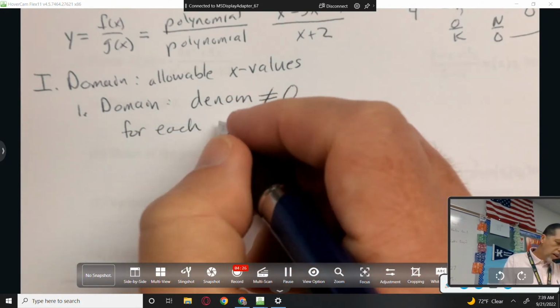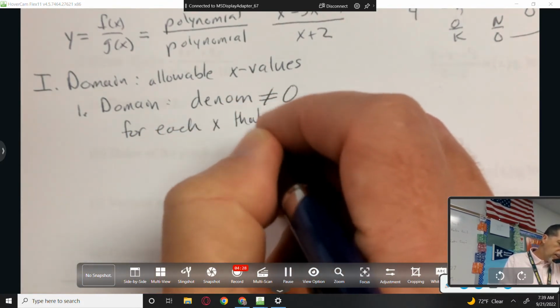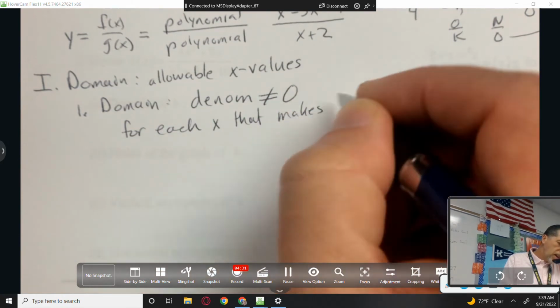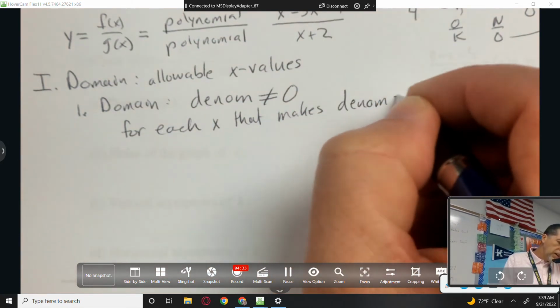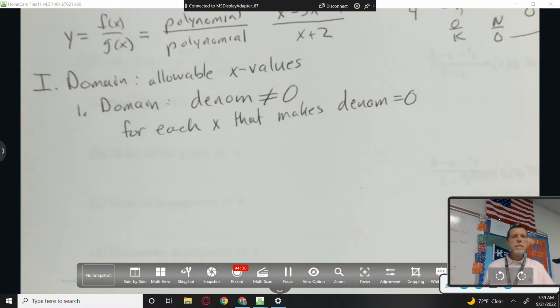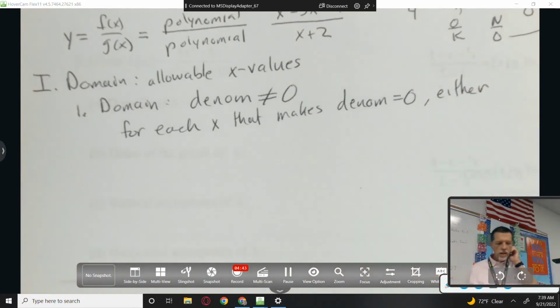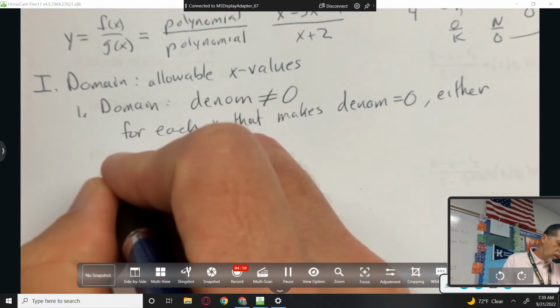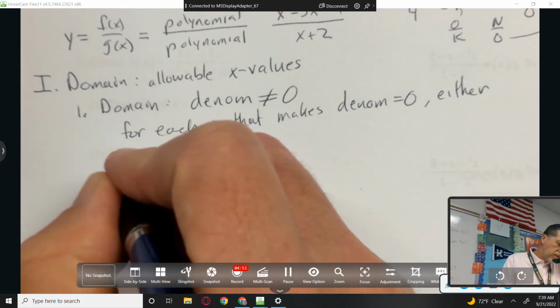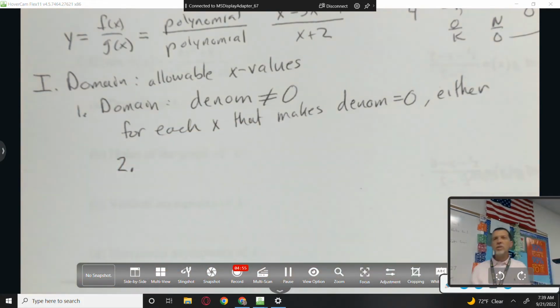And then for each x that makes the denominator equal 0, one of two things is happening. If it makes the bottom 0, so I'm going to indent this but still number it, which is poor form for outline form, but these are the questions that we'll ask.